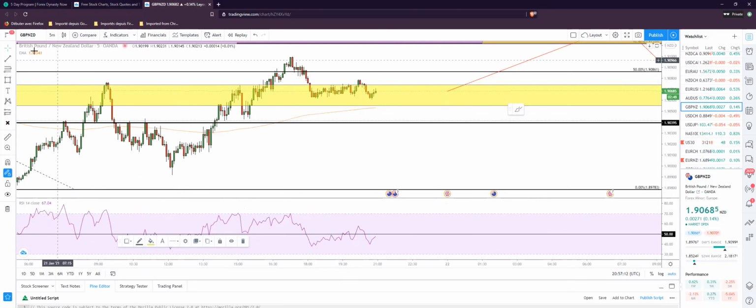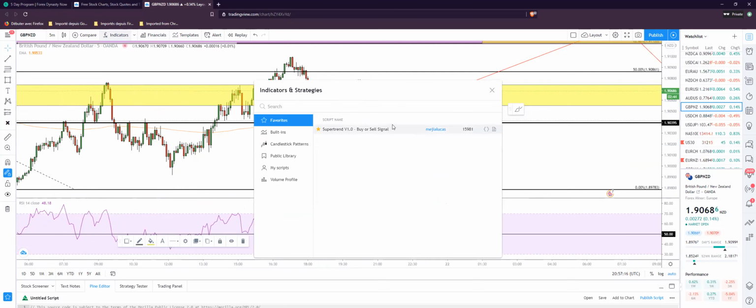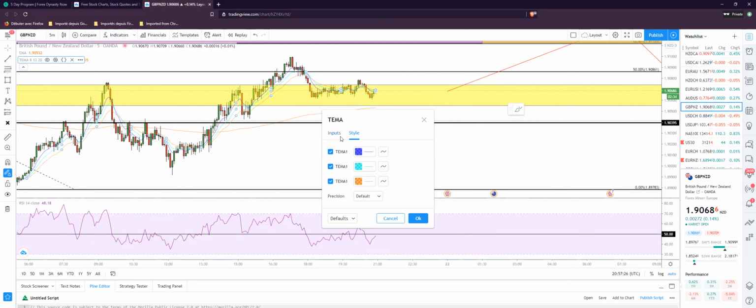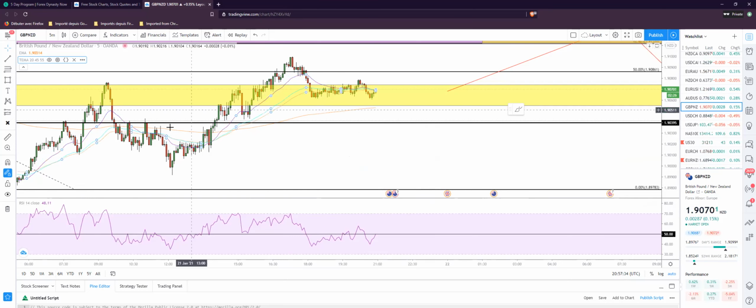I think if you put moving average instead of EMA, just type in moving average. Can I change this one? I can input. Oh yes, cool. 20, 45, 55.